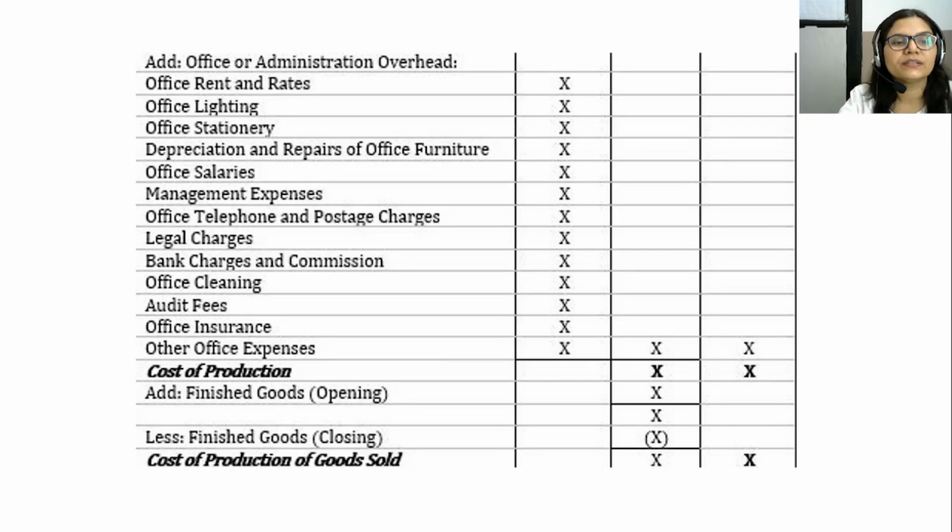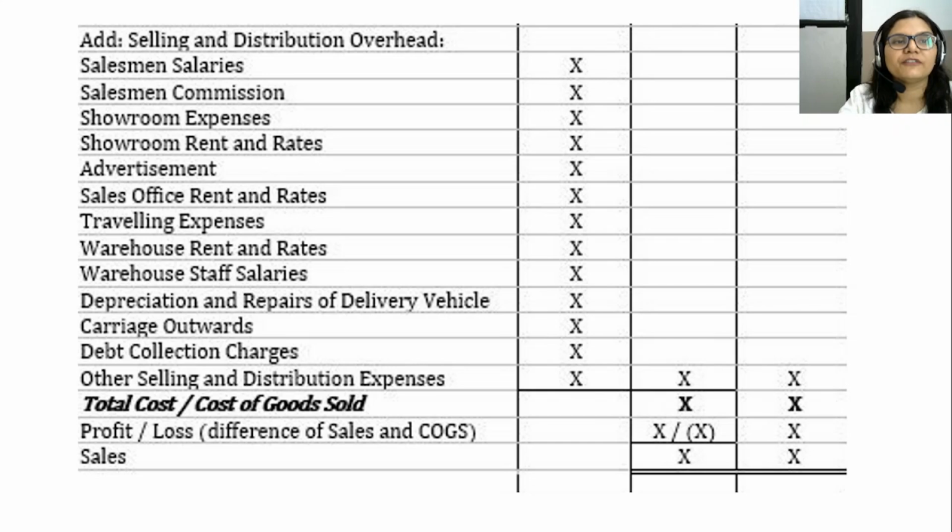In work cost, after work cost we need to adjust opening stock of finished goods and closing stock of finished goods. After that, we need to add selling and distribution overheads and arrive at total cost or cost of goods sold, and thereafter profit and loss value.